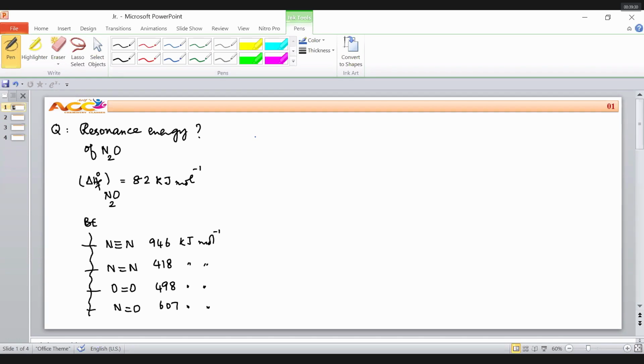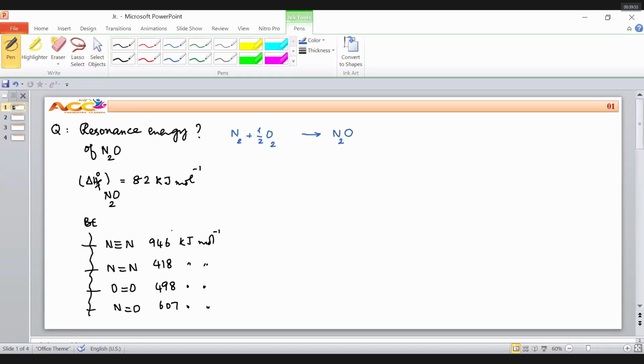Okay, come on, go ahead. How to proceed for calculations? Formation of N2O. What is the meaning of formation? Write in reverse order. N2O is equal to, how to proceed? Very simple, sir. This N2O is supposed to be N2 plus half O2.